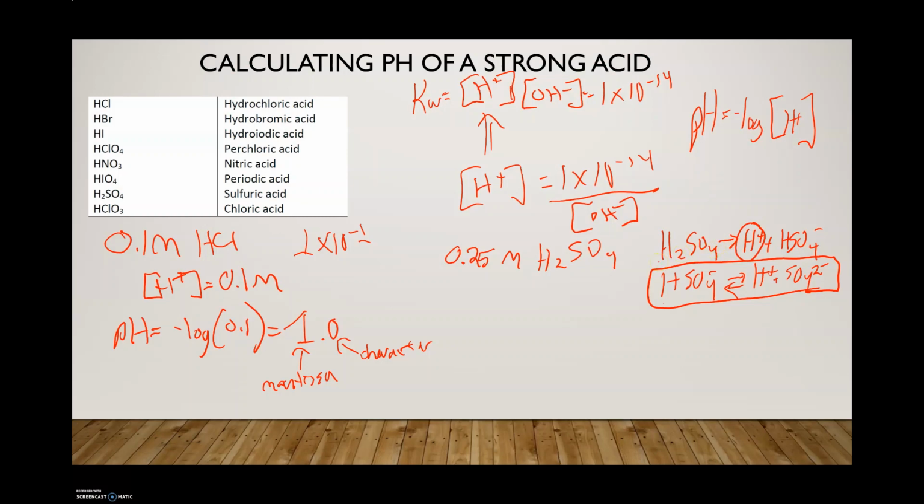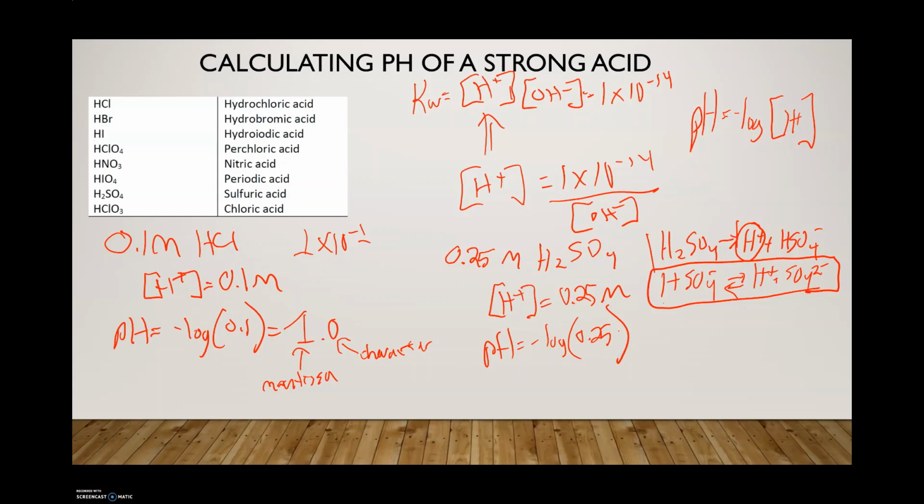So that means that we're going to be working the same equation. The concentration of the hydrogen ion is going to be equal to 0.25 molar, because this is a 1-to-1 ratio. So the pH is equal to negative log of 0.25 molar.